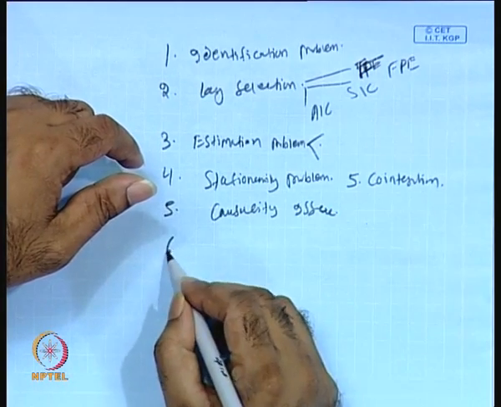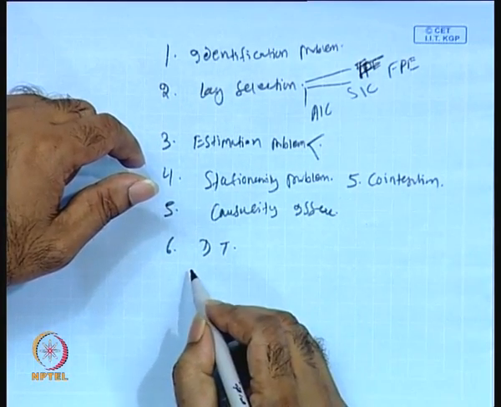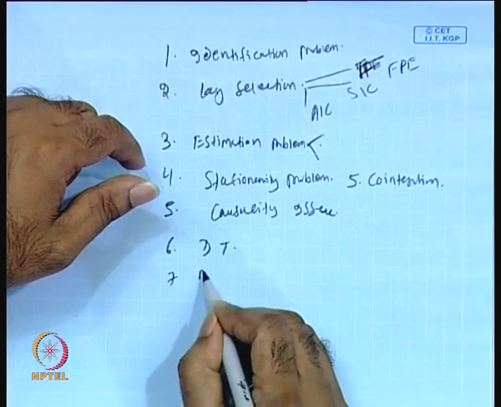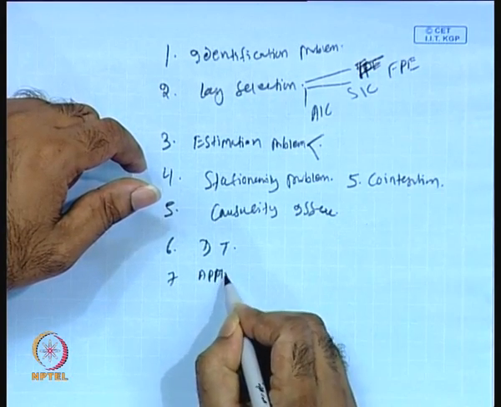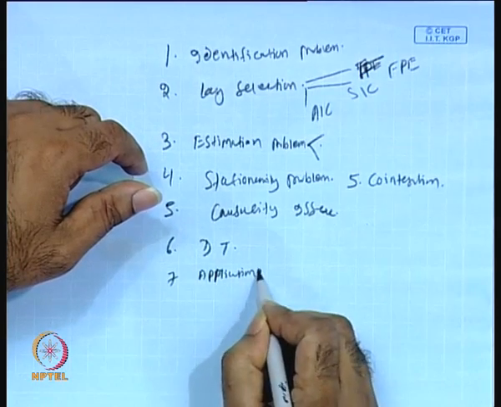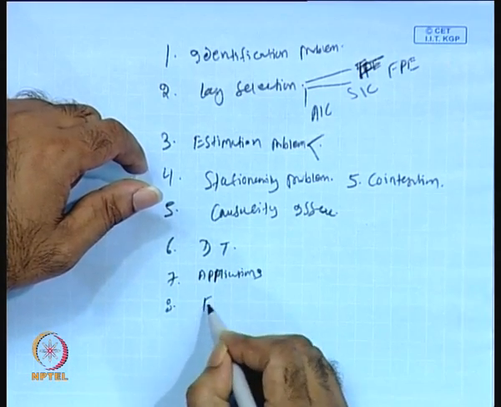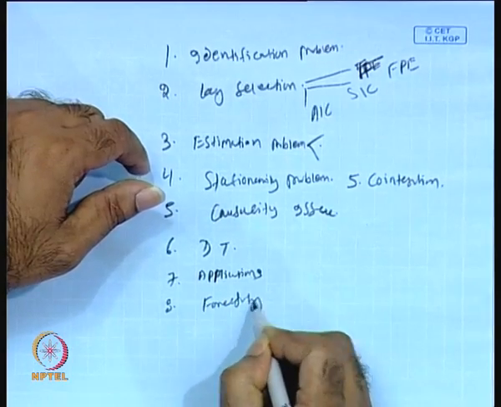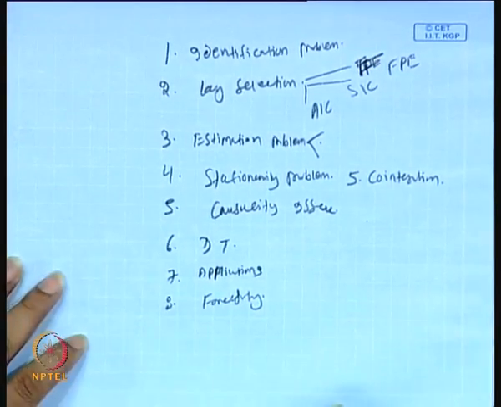So with two independent variables, we have to play the game with their lag involvement. Then finally there are diagnostic tests, applications, and finally forecasting.